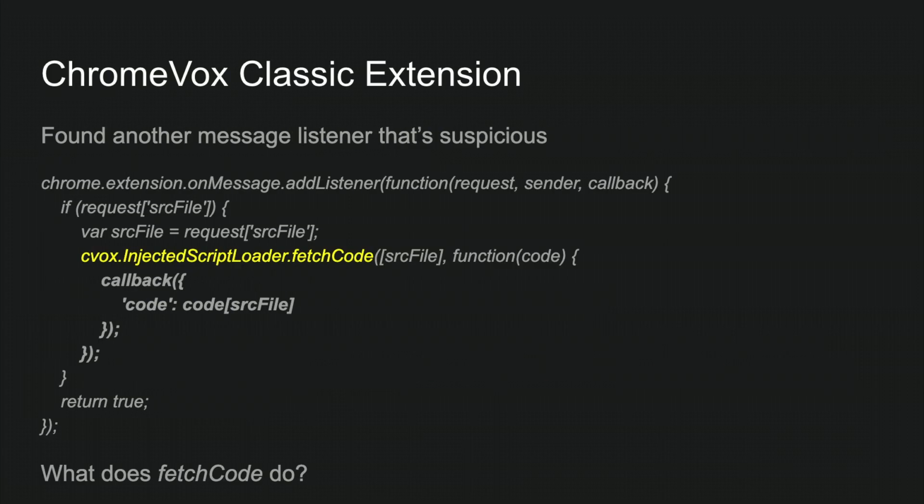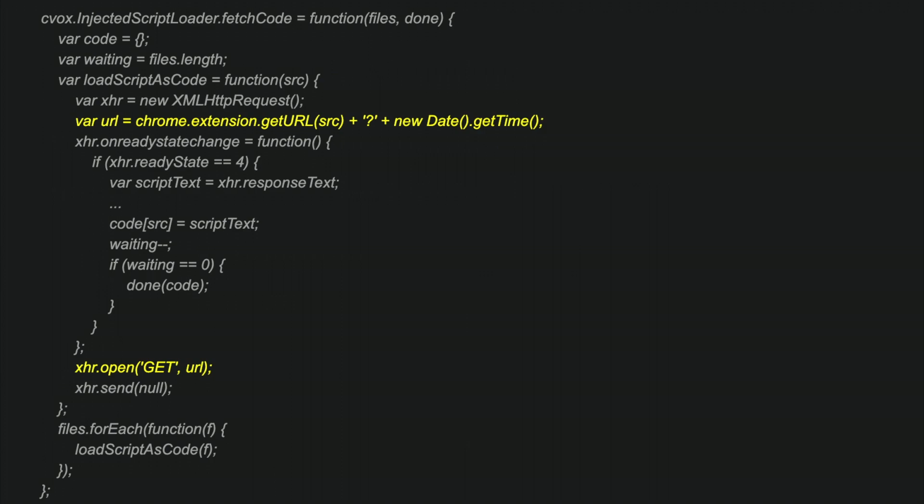And there was another listener. This basically says, okay, there was a request coming. This is controllable, right? Then they look for a source file, and they try to do fetch code with the source file, and then get a callback, and this callback will go to the content script. So what does fetch code do?